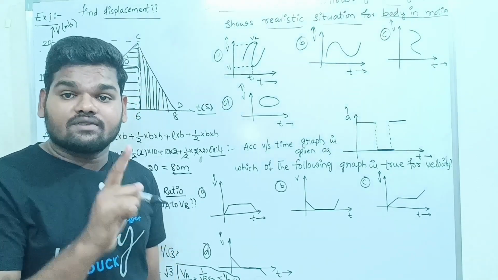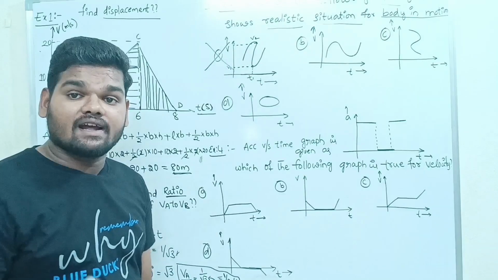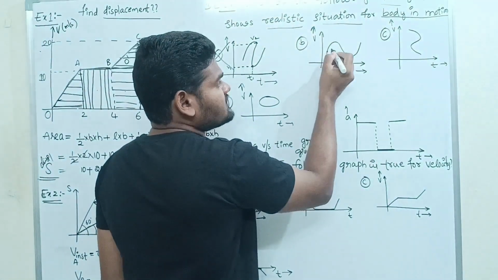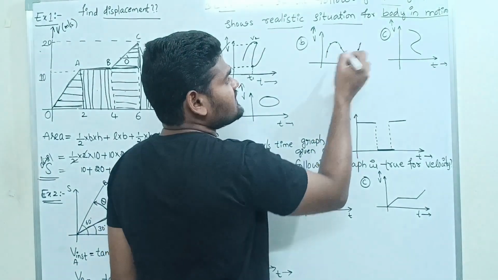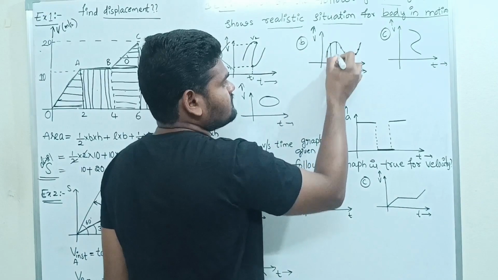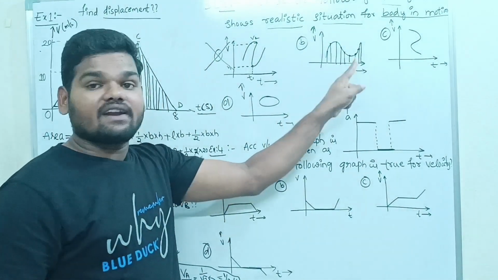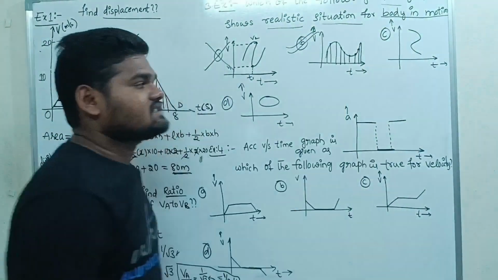No, no, no. So that's why this graph is not true. So if you come to here, I am taking the points on the graph. Have a look. All the points exist at different times. All the points on the graph exist at different intervals of time. Then this graph exists.